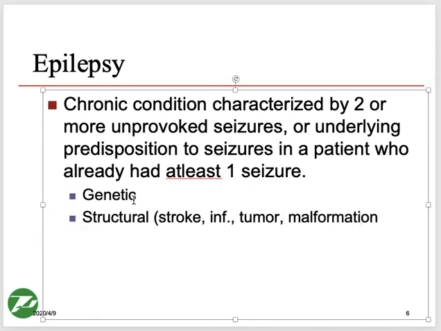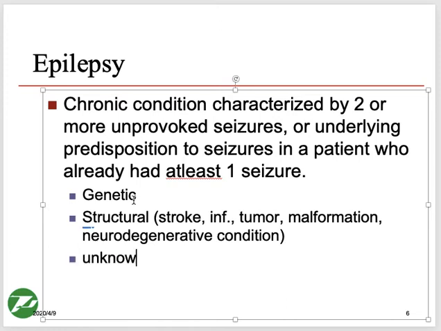Anything like this, or it could be a neurodegenerative condition. Of course, what are those? When we discuss more neurology, we are going to discuss that, and unknown causes, right? And many times, we don't know the cause, of course. So that's why unknown causes make a very, very, very important part in this one, right?